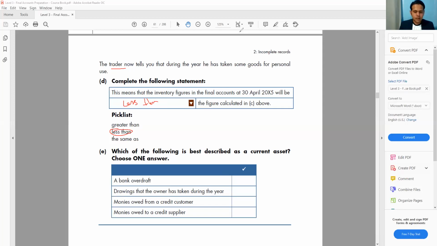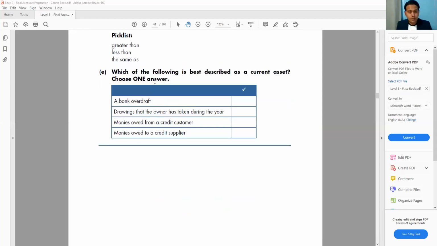The next one says, which of the following is best described as a current asset? I think all of you can do it. Let's quickly have a look. So what is the current asset? There's a bank overdraft, drawings that the owner has taken during the year, money owing from credit customers, money owing to credit suppliers. So which one do we think is a current asset?